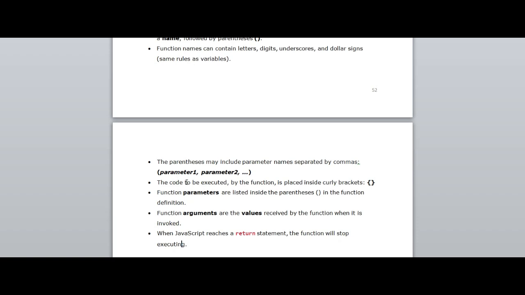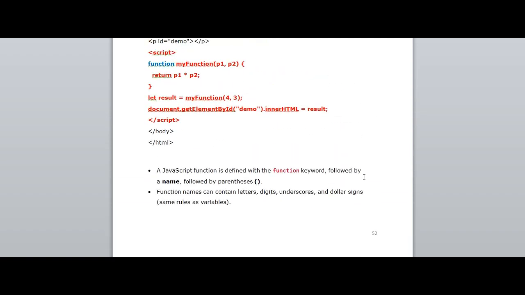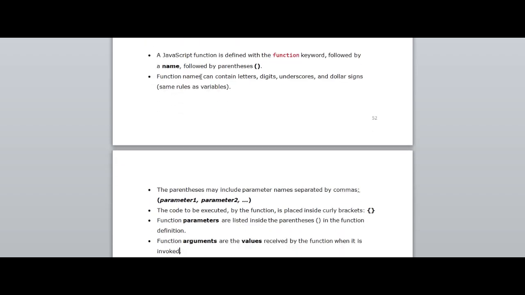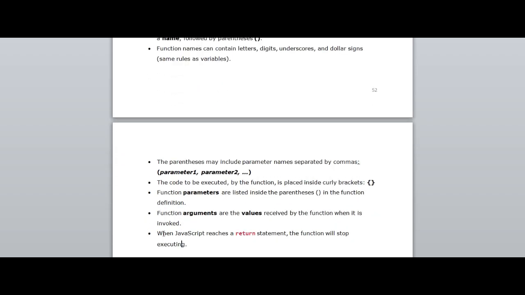Then the code to be executed by the function is placed inside the curly braces or curly brackets. What's the code to be executed? See the curly braces here, starts from here and ends here. So the code to be executed is actually this: return P1 asterisk P2. Now let's make progress. The function parameters are listed inside the parentheses in the function definition.